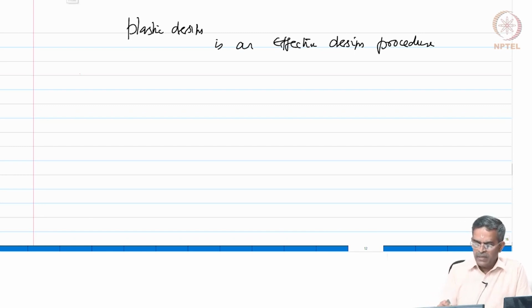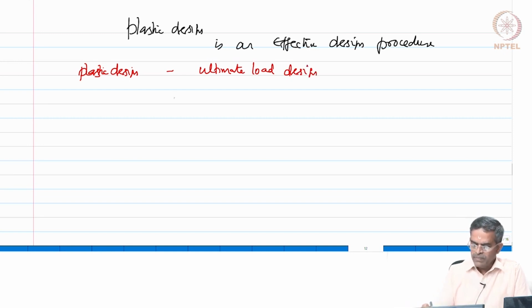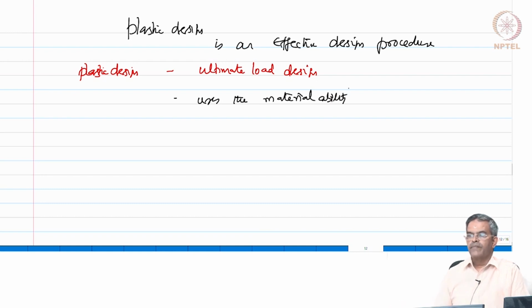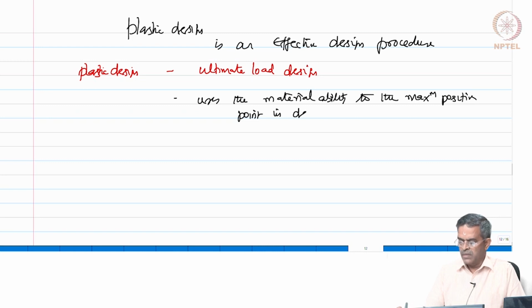Let us quickly compare the plastic design with ultimate load design. The ultimate load design uses the material ability to the maximum, a positive point from the design perspective. Okay.